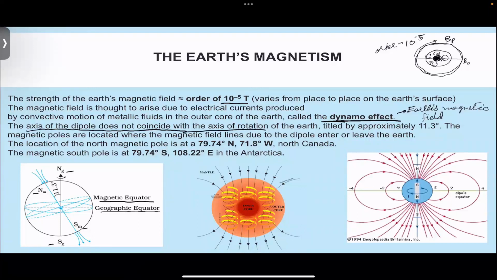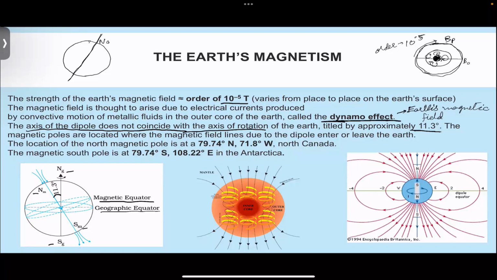The axis of the dipole is actually tilted at an angle of 11.3 degrees. You can see that this is the angle between the axis of rotation of the Earth and the dipole. So suppose this is your Earth, and the axis is already tilted.